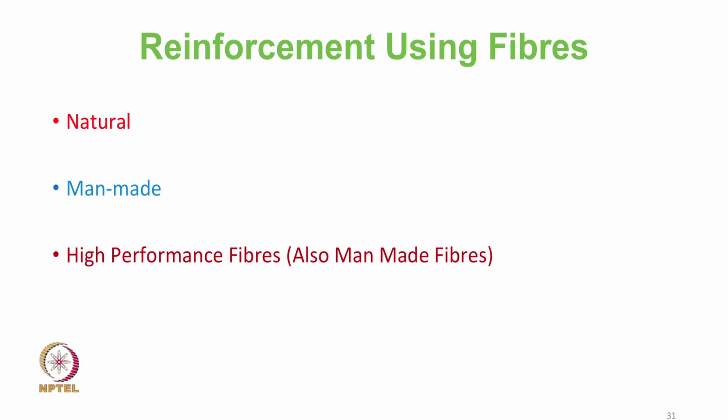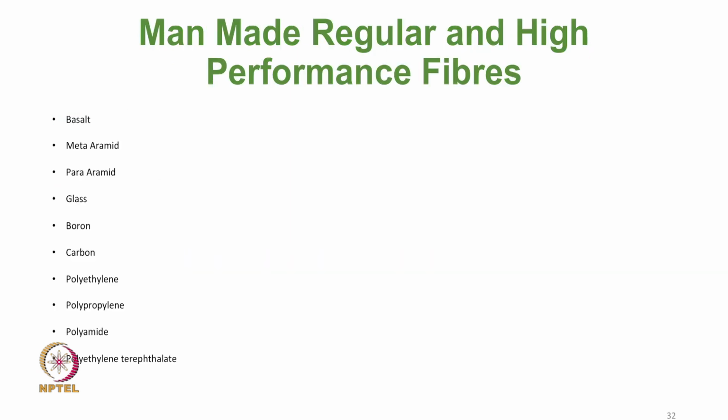High performance fibers are also used. These are aramid, boron, carbon or graphite, glass, nylon, polyester, polyethylene, polypropylene as reinforcing material of thermoplastic composites.